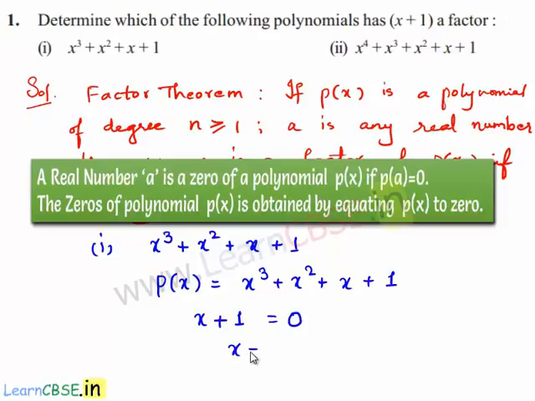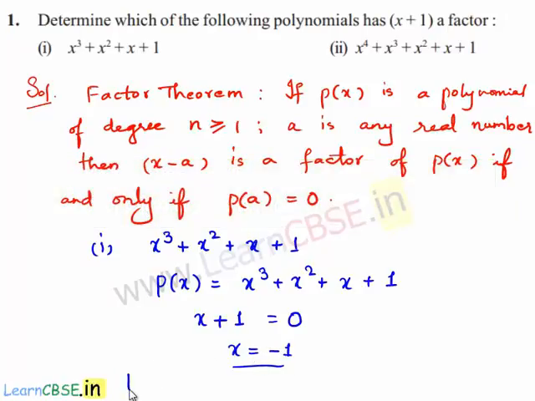So we get x is equal to minus 1, which is a 0 of the polynomial. Now let us substitute minus 1 in the place of x. We get p of minus 1 is equal to minus 1 whole cube plus minus 1 whole square plus minus 1 plus 1.